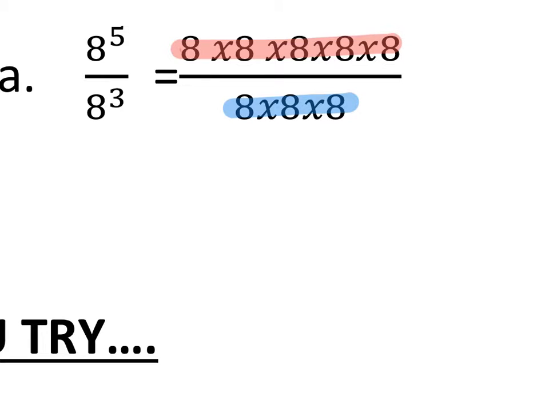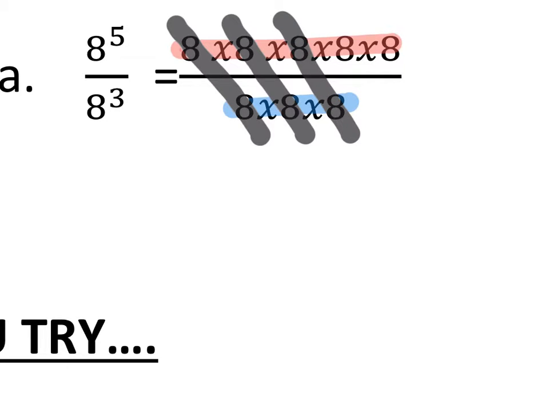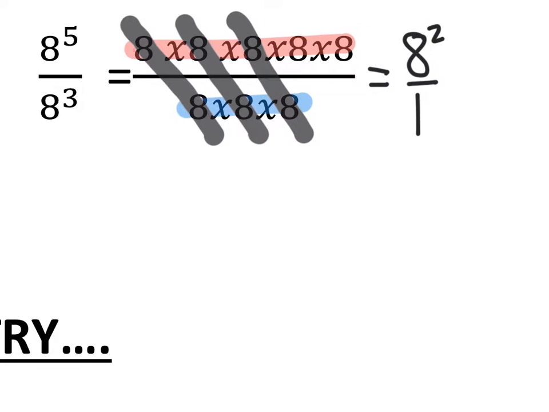We're going to cancel out an 8 on the top with an 8 on the bottom, because we know any number over itself equals 1. I am left with 2 8's up top. I could also write that as 8 squared over 1, or simply just 8 squared.